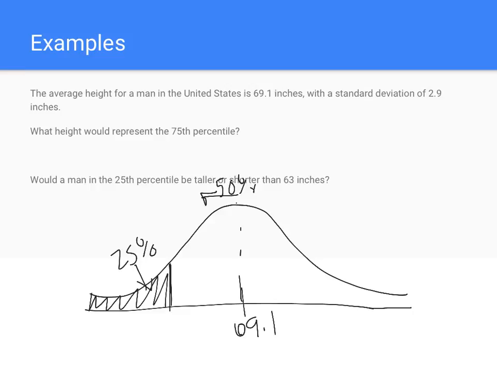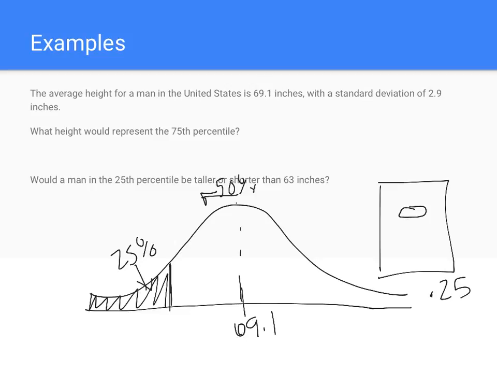So again, on my z table, I'm looking in the center for 0.25. Okay, and so notice this is going to be on your negative side, because I'm looking for something that is below the mean. So look on your negative side for 0.25.